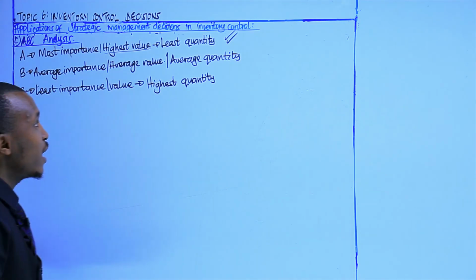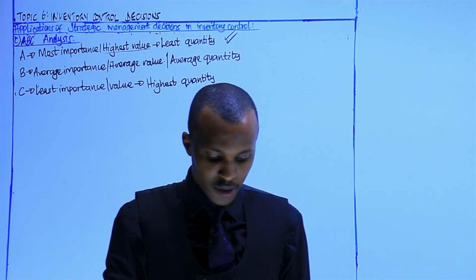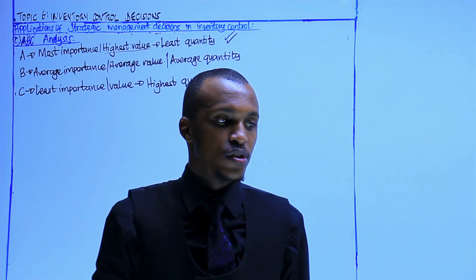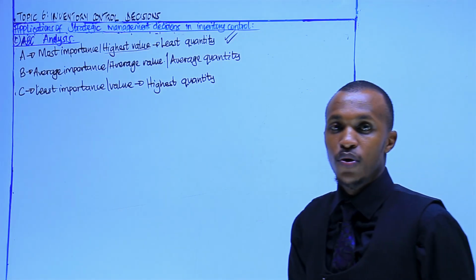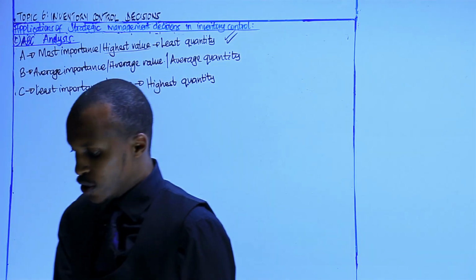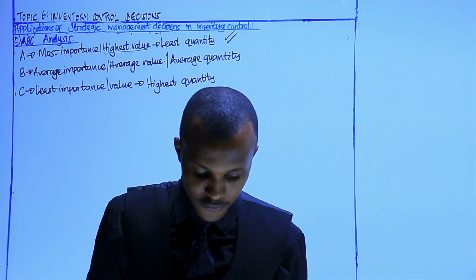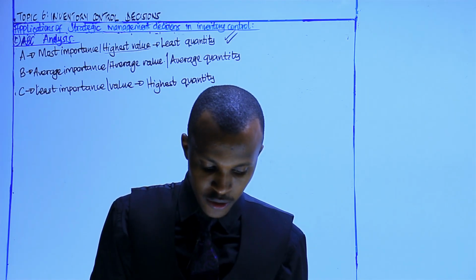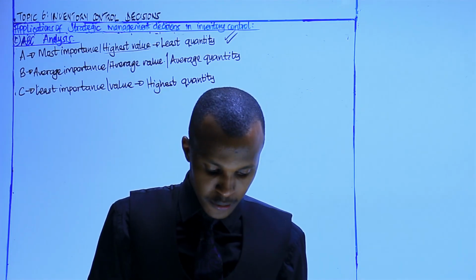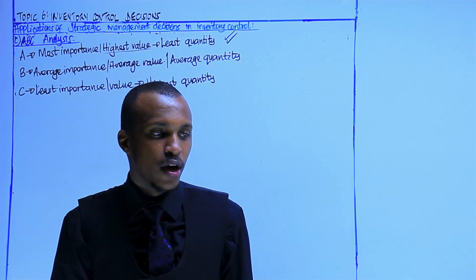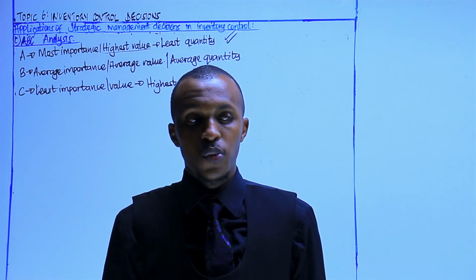Now, the advantages of ABC is that there is increased inventory optimization. These inventories, you're going to use them the best way possible. The second advantage is better decision making and better negotiation with suppliers.